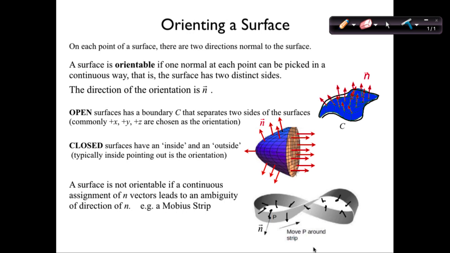So that's non-orientable. We won't do any calculus on those. The ones we'll work on are open surfaces, which have a front side and a back side, you could say. And then closed surfaces have an inside and an outside.